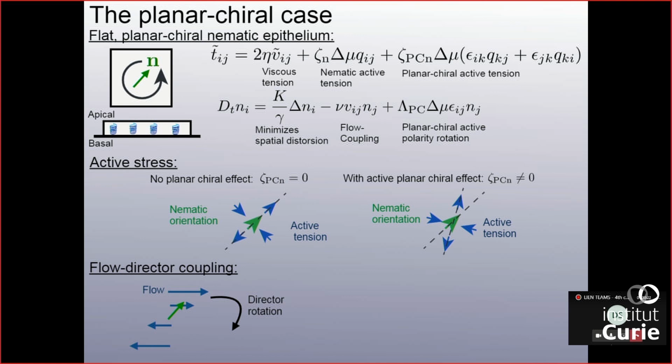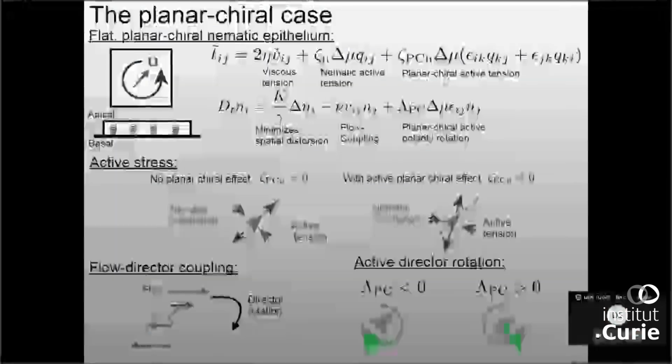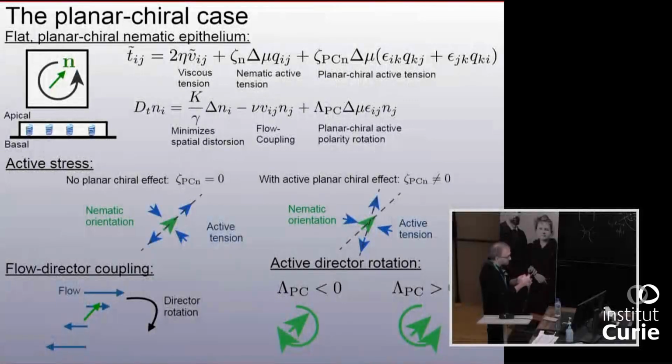This is a classic term in a liquid crystal. And there can also be a planar chiral active polarity rotation, which only exists for a planar chiral active system, because once I have an axis of rotation, if I know clockwise on the tissue, I can imagine that active effects are going to try to rotate the polarity.